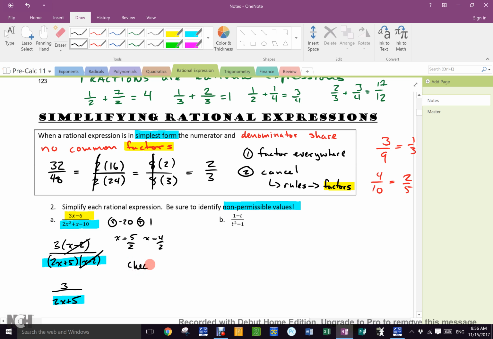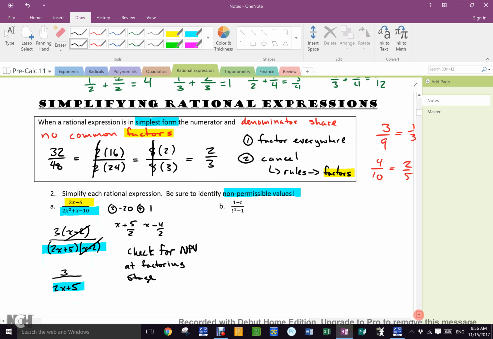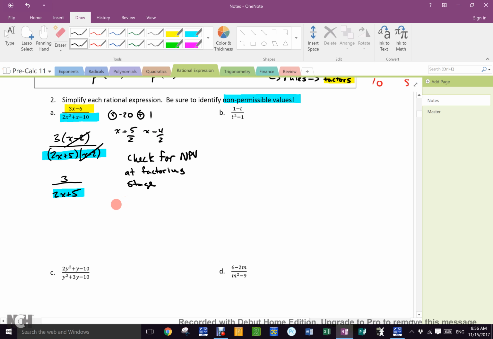We check for, and I'm running out of space, so I'm going to write NPV, non-permissible values, at the factoring stage. And I check for them the same way I always check for them. 2x plus 5 can't equal 0, and x minus 2 can't equal 0.